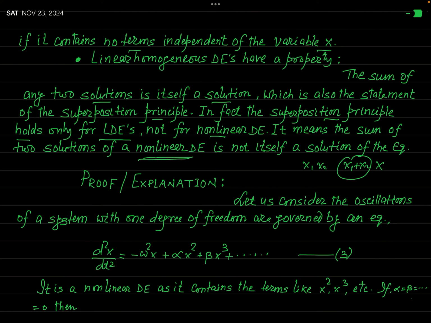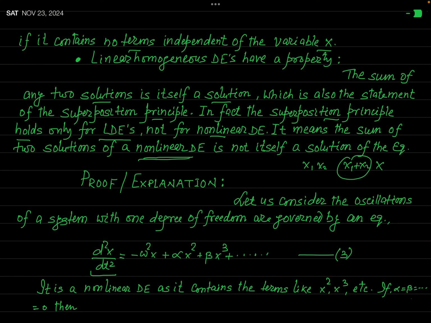Now, by analytical method, by calculation, we can prove it. And for proving this fact, let us consider the oscillation of a system with 1 degree of freedom. And let us say that the motion of that system is governed by an equation of this form.